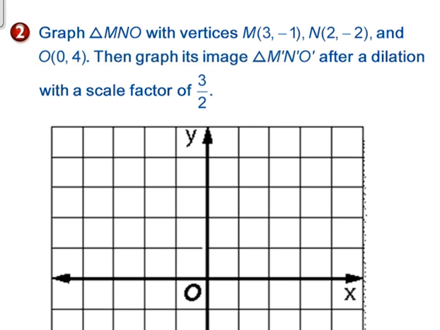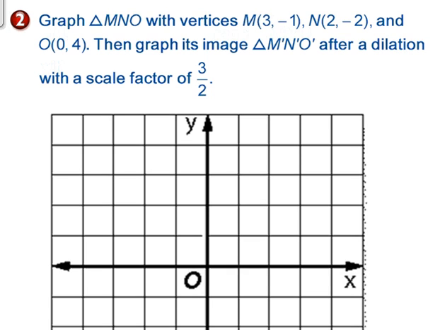Another one here, we're asked to graph the triangle MNO with those vertices. So let's do that part first before we even get into it. 3, 1. So let's go 1, 2, 3, and up 1. So this is the point M. I'm sorry, I did that wrong. It is 3, negative 1. So it's 1, 2, 3, and negative 1.